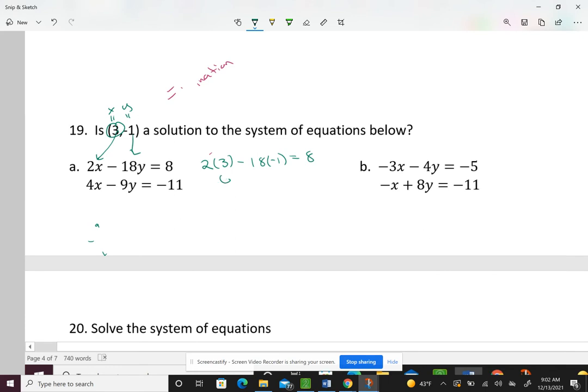So 2 times 3 is 6. A negative times a negative is a positive 18. 6 plus 18 is 24, which is obviously not 8. So right away, I know this is not correct because this is not true. In order for this to be a solution, this has to be true, but obviously 24 is not equal to 8, so this is not correct.